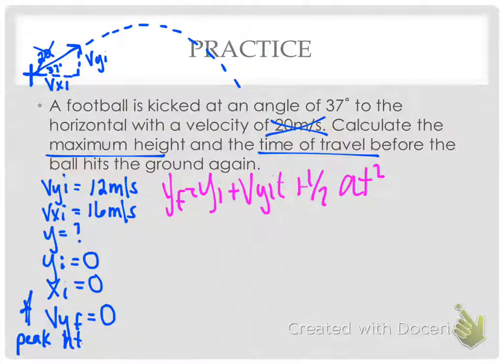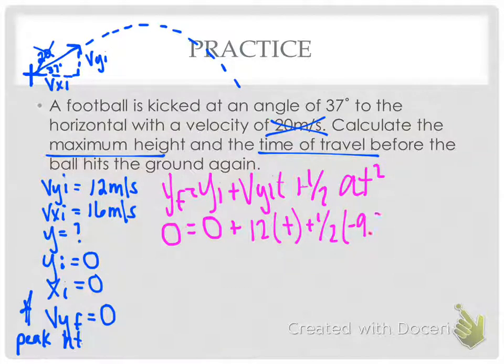It's at the ground again, at the origin again. So y final is 0, y initial is also 0. It's starting and ending at the same height, which means that's going to be 0. Vy initial was 12 times t plus 1/2 times negative 9.8 t squared.